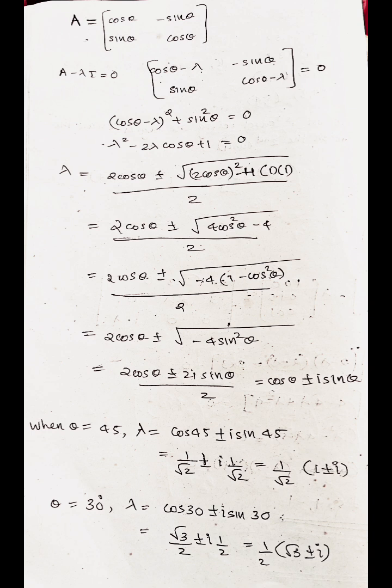But here we get that the answer is 1 by root 2 into (1 plus or minus i). So option A is wrong. So if we substitute theta is equal to 30 degrees, then lambda is equal to cos 30 plus or minus i sin 30, that is equal to root 3 by 2 plus or minus i into 1 by 2, and this is equal to 1 by 2 into (root 3 plus or minus i). So the answer is option D.